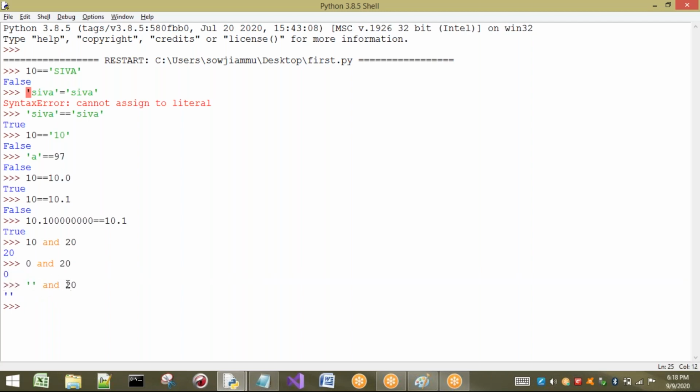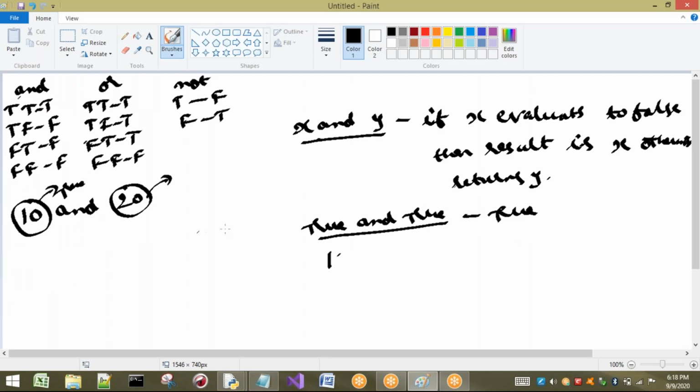You have to understand this rule. Once again I am repeating: if I write x and y, if x evaluates to false, then the result is x. Otherwise it returns y. In the same way here, if x is false, for example, is it false?